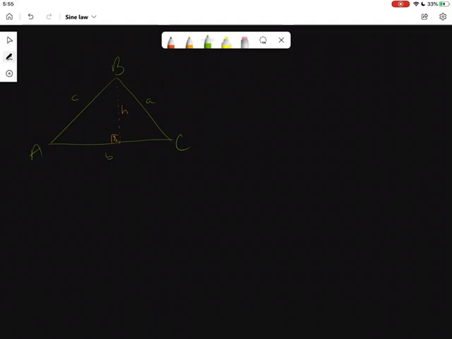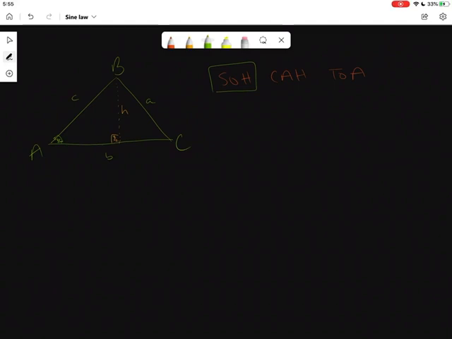Okay? And now what I'm going to do is use what I know about right triangles, that SOHCAHTOA relationship. So let's say that I'm looking at angle A, and I'm going to use sine here to define the relationship between angle A and the side lengths.